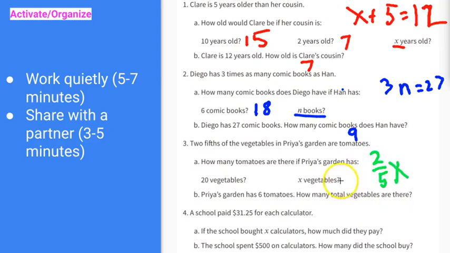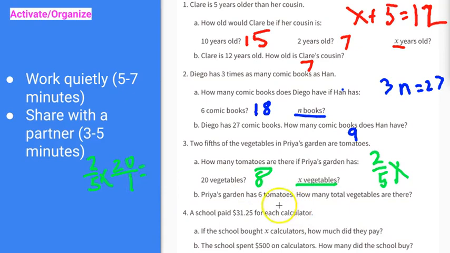So we don't know how many vegetables, so that answers this key piece right here, right? What about here if it's 20 vegetables? Yeah, because then you're just doing 2/5 times the 20, right? Should give you, what, 8? Yeah, because 5 will go into that 20 4 times, so you have 4 times 2, it's 8. Or you could do 40 divided by 5. Either way is 8.